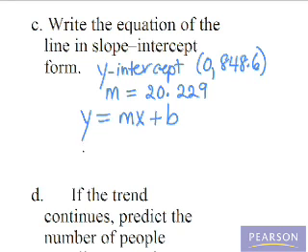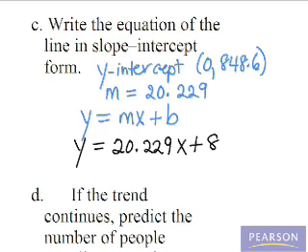Substituting for m and b, we get that the equation is y equals 20.229x plus 848.6.